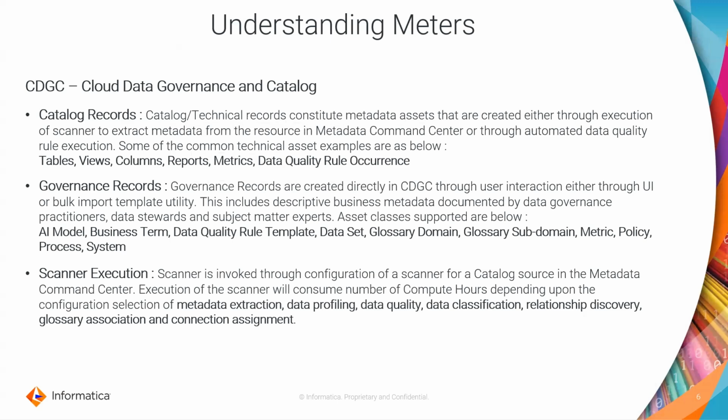Also, if you have created any of the data quality rule occurrences in CDGC or any of the rule occurrences that got created as part of the DQ automation, these rule occurrences created would be counted as catalog records as well. Some of the common technical asset examples could be tables, views, columns, reports, matrices, workbook, worksheet, Tableau dashboard, data quality rule occurrences, and so on, depending upon the source that you are scanning in CDGC.